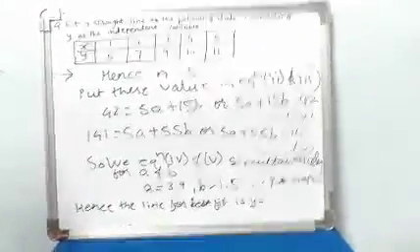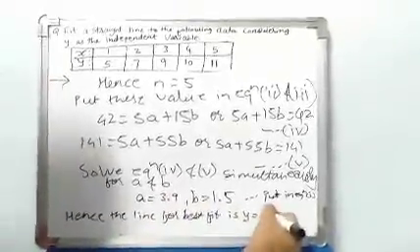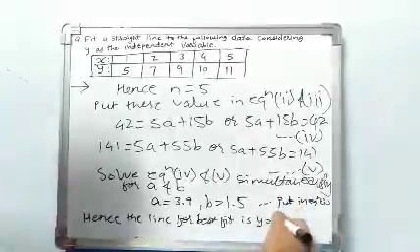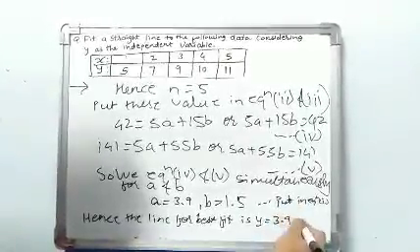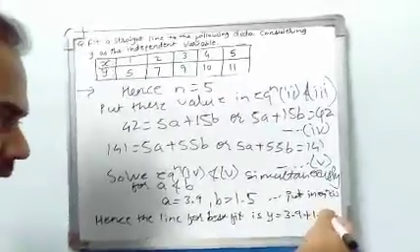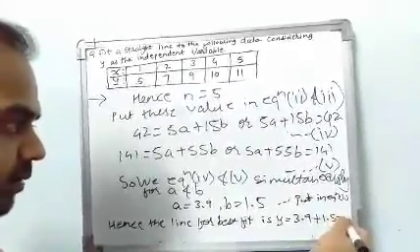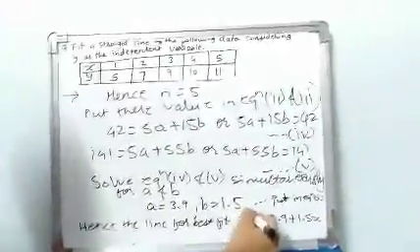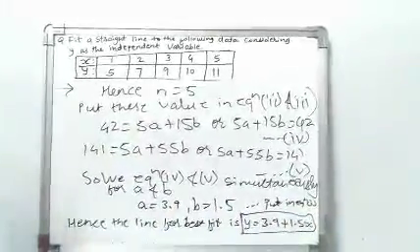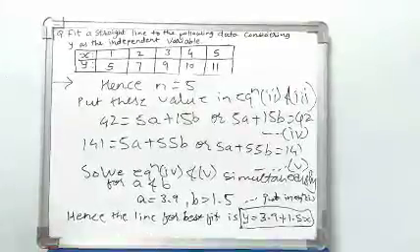We need to put the values of a and b, that is a equals 3.9 plus b, that is 1.5, times x. Okay, so this is your line of best fit.